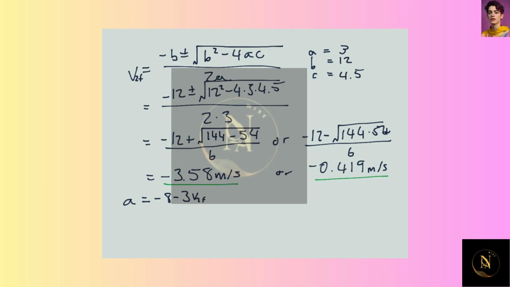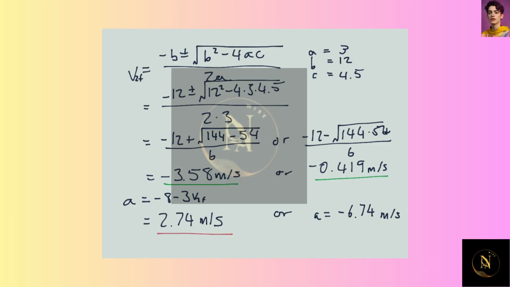So because we know what the V2Fs are going to be, A is either going to be equal to negative 8 minus 3 times negative 3.58, which comes out to be 2.74 meters per second, or A is going to be equal to negative 6.74.